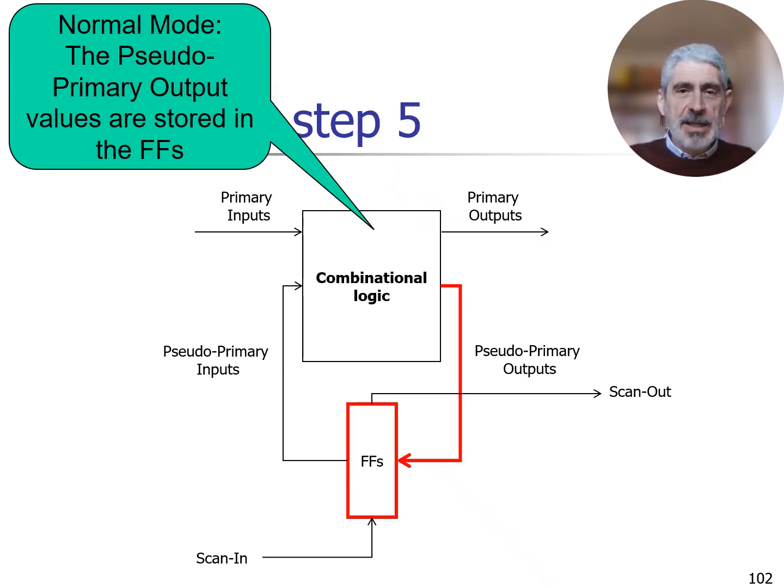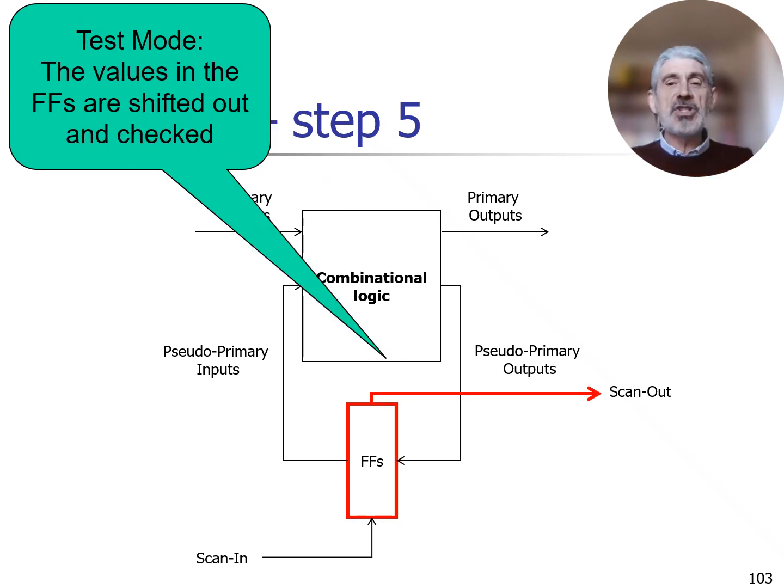At this point, I can state that the fault effects are visible in the flip-flops. Unfortunately, the flip-flops are not visible from the outside. But this is where scan plays a role again, because I will move the circuit back to test mode, and then I will shift out the values in the flip-flops, making them visible on scan-out.